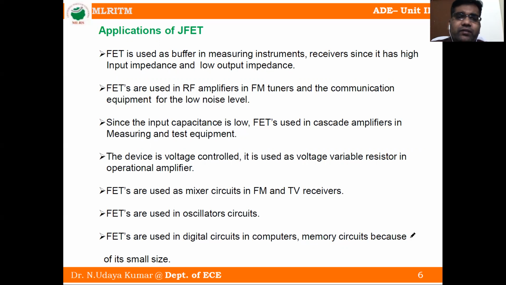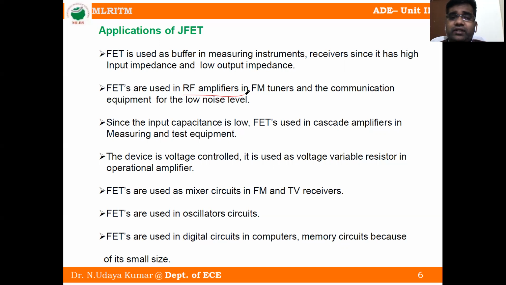So FETs are used as RF amplifiers, that means radio frequency amplifiers in FM tuners and communication equipment for the low noise level. For this purpose, we can also use BJT. If BJT is used for RF amplifiers in FM tuners, then what is the disadvantage?